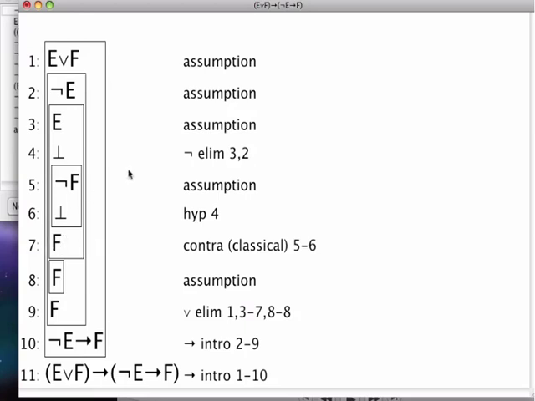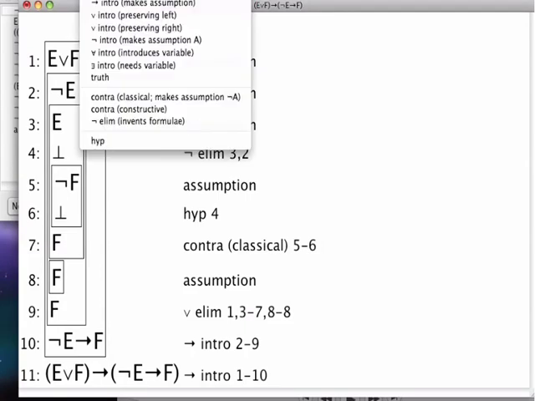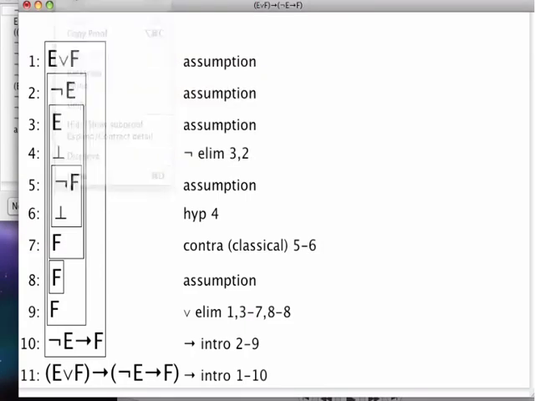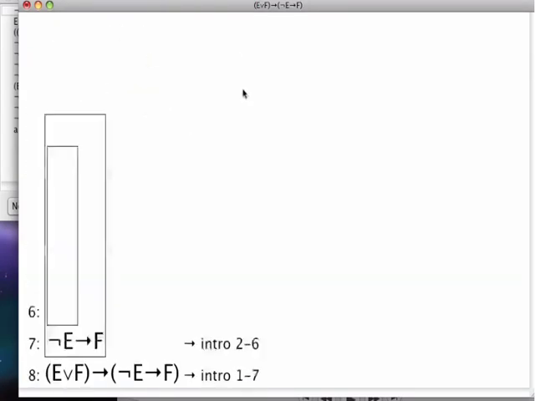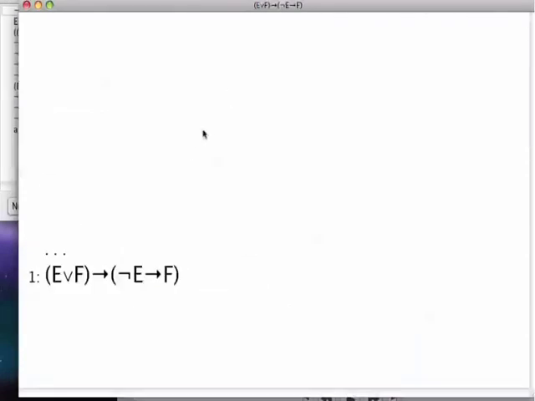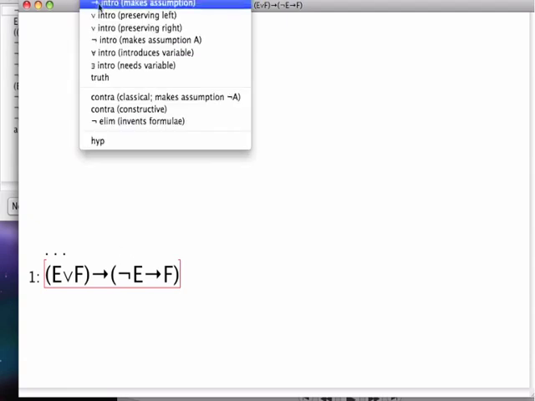So this is one proof. Let me do another proof of the same sentence that is somewhat slightly different in structure. So maybe I can just do a lot of undos. Okay, so this was the original proof. So the first step, we don't have much choice.